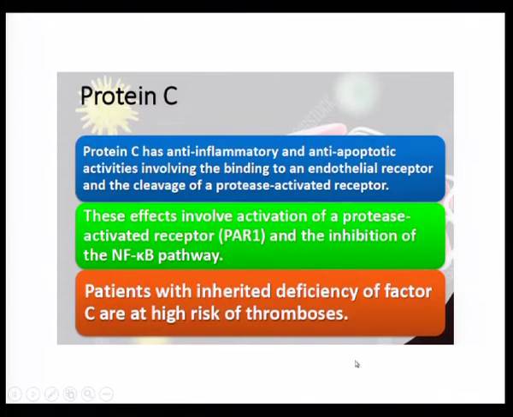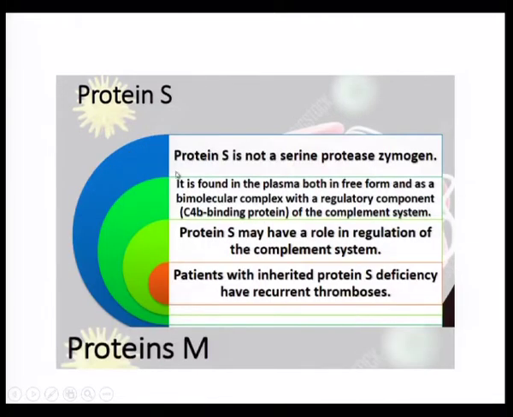So, there are problems when people have an inherited deficiency of protein C. What do you mean by that? By birth they have a problem of not being able to produce sufficient amounts of protein C, and this eventually leads to thrombotic risks.